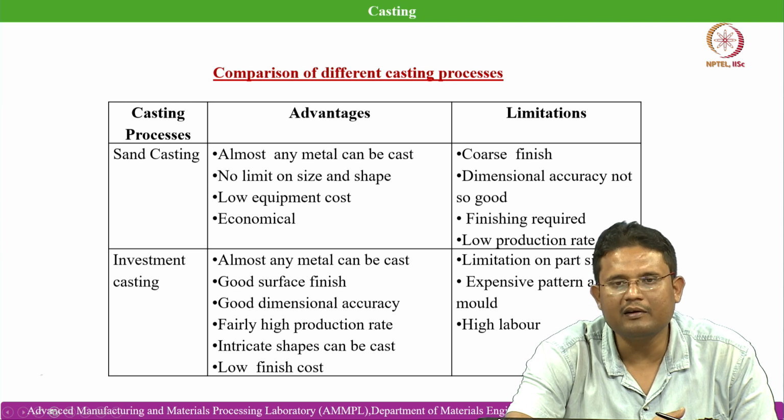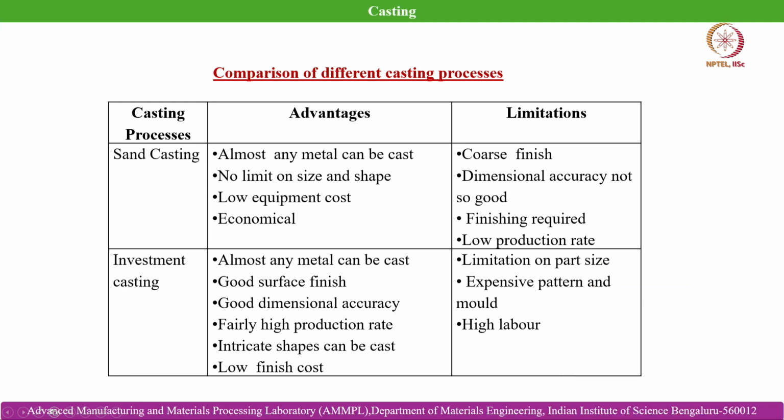And then here comes investment casting, which is one of the most accurate casting techniques in terms of achieving dimensional accuracy and also very improved surface finish. But the limitation of investment casting is that the part size that can be developed is much smaller than what we can do in sand casting, and it deals with expensive patterns and molds and involves a significant amount of labor-intensive effort.